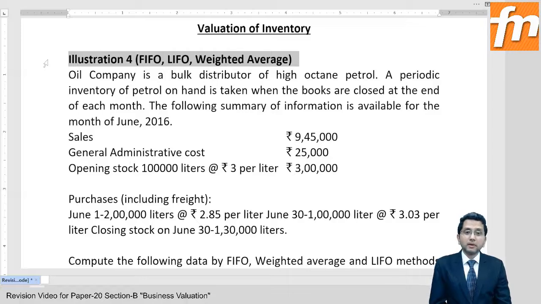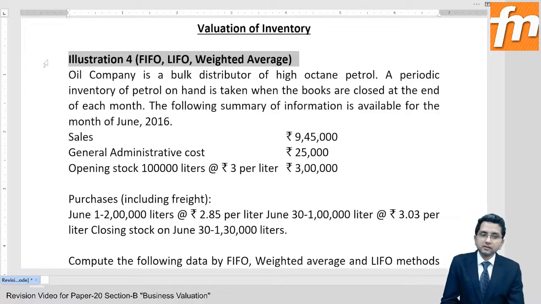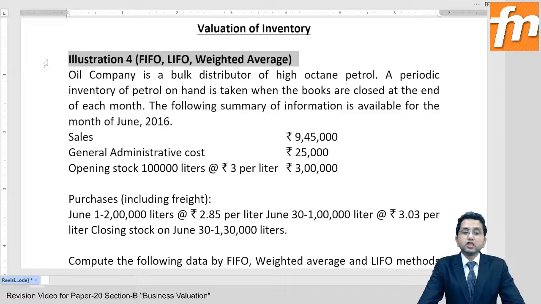But if I talk about US GAAP, United States generally accepted accounting principles, they do prefer LIFO over FIFO. Because practically there is one advantage of LIFO, that it is more conservative than FIFO. Like under inflationary situation where the price of goods and services are rising day by day, month by month, year by year.